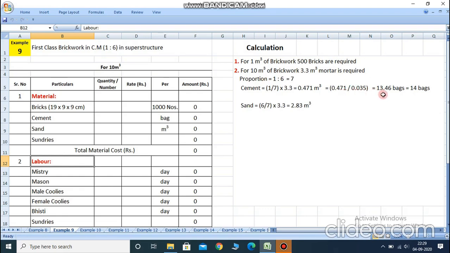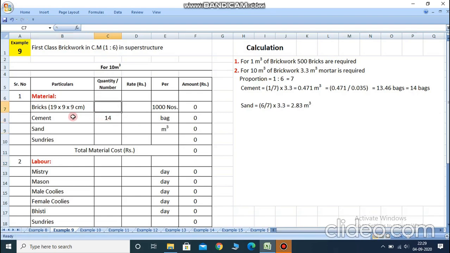We got the answer 13.46 bags. In round figure we take 14 bags. So we write here that 14 cement bags are required.